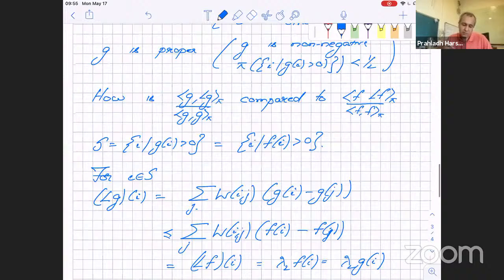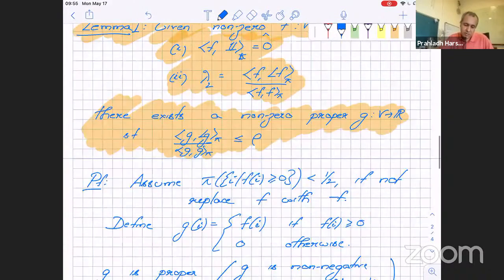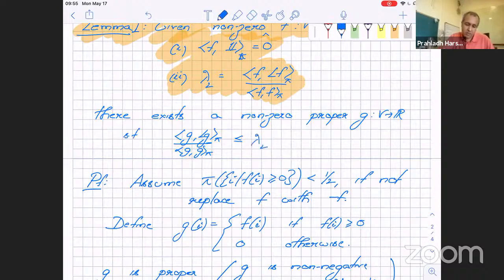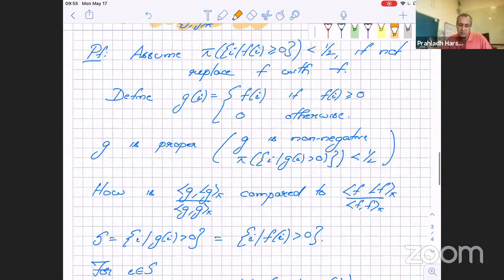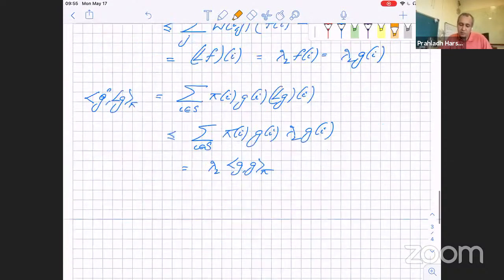Should have kept this as less than or equal to lambda 2. I think the previous statement I wrote is also right, but the proof which I have written down proves it only if f were the second eigenvector.